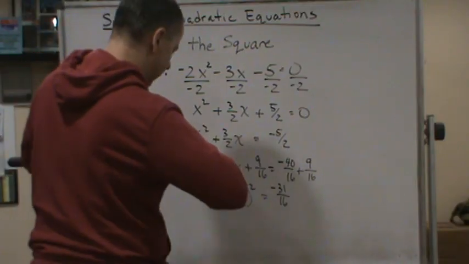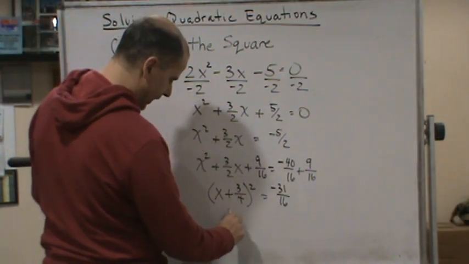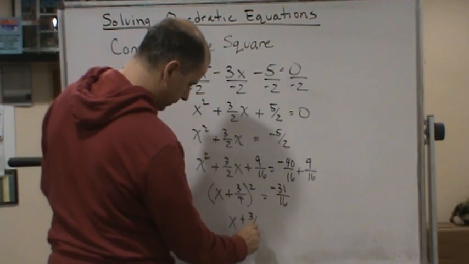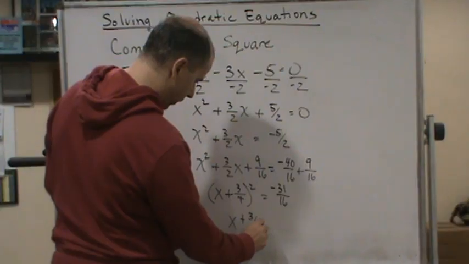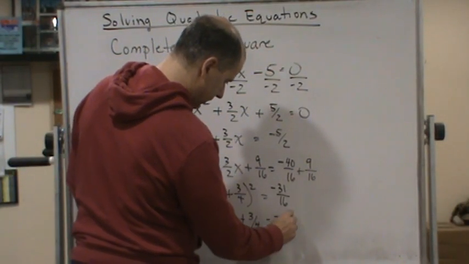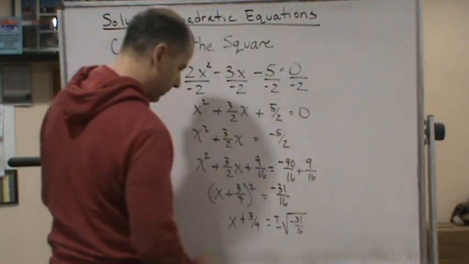And so if I use the square root property and take the square root of both sides, that gives me x plus 3/4 is equal to plus or minus the square root of -31/16.